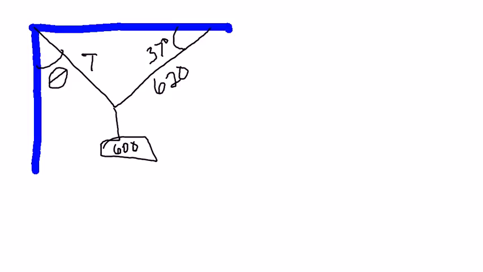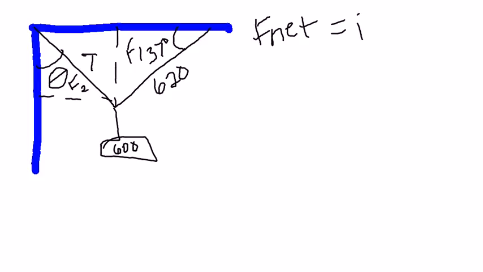So the first thing I'm going to do is split it into components. That'd be two triangles. The first triangle would be F1, the second triangle would be F2. And you should know that F net is equal to F1 plus F2.